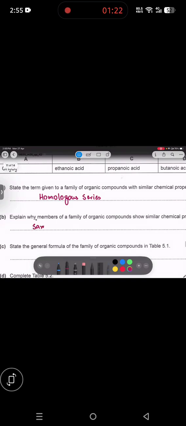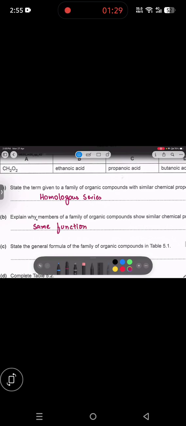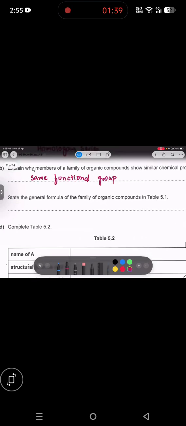Functional group is the cause of the same chemical property. Remember this point, not the general formula. Functional group is the cause of similar chemical properties.